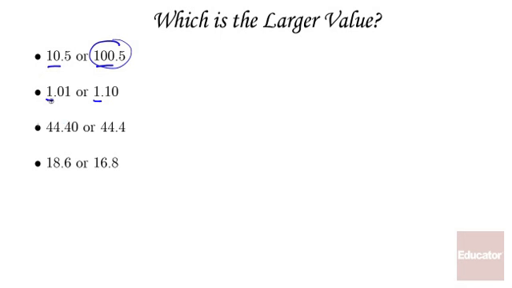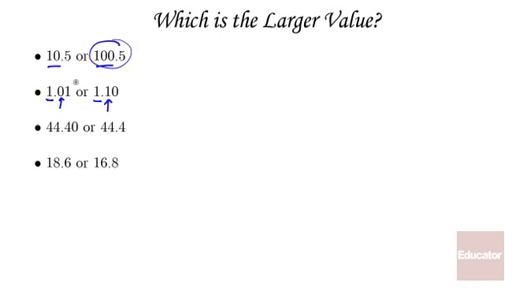So here I have 1.01 and this will be 1.10. So we're going to go to the next number, which is 0. Here is 1. Okay, so whenever the whole numbers are the same, we're going to go to the next value, which is the tenths place. So in this case it's 0, in this case it's 1.